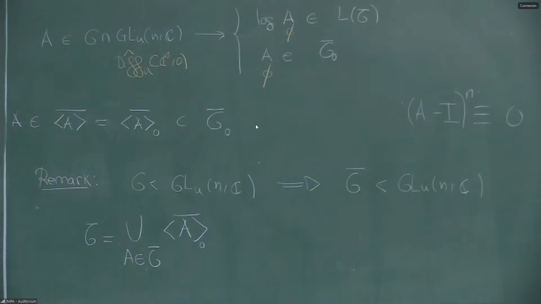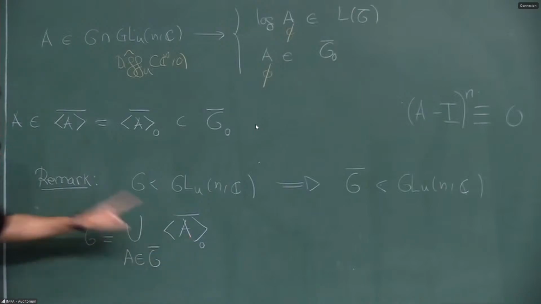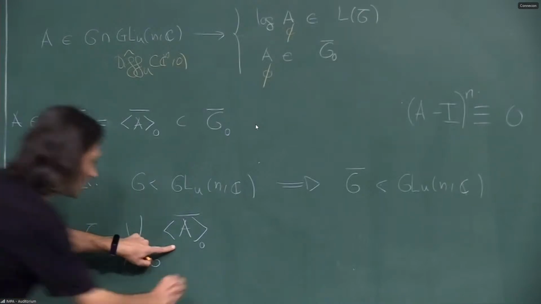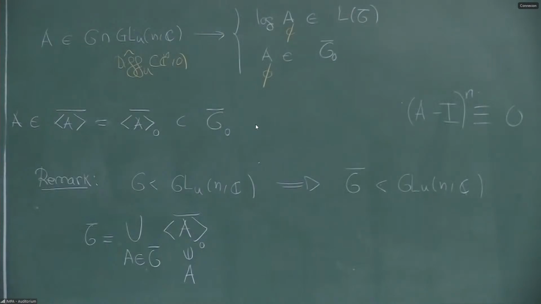And this is clearly true because this thing over here contains A, and because of this A belongs to this, that belongs to this. So it's clear that the right-hand side is contained in the left-hand side, and the other inclusion is pretty obvious.